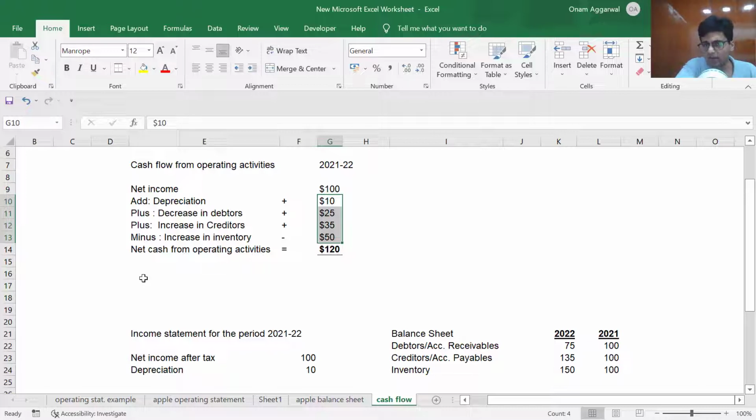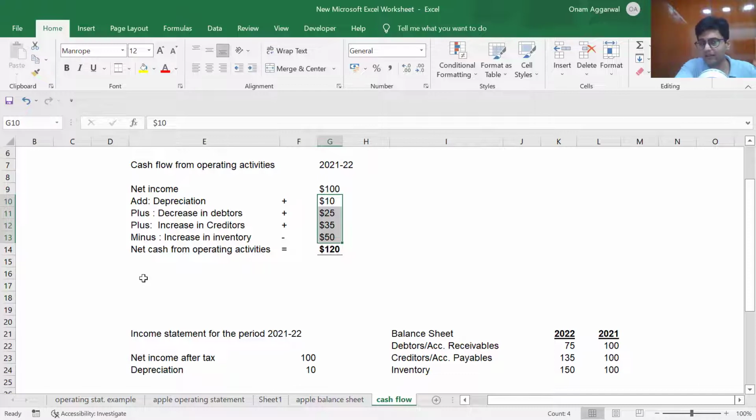And in cash flow, the cash flow from operating activities tells you how efficiently and effectively you are running your business. So the cash flow from operating activities is computed by taking the net profit, adding back the non-cash expenses, reducing the cash flow if the current assets have increased, increasing the cash flow if current assets have decreased, and vice versa.